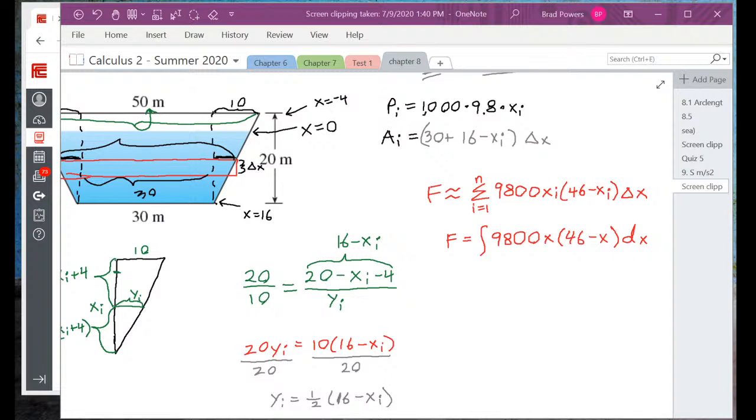You just have to remember, okay, I'm finding the pressure, which is the depth times the density times gravity. So you just need pressure times the area, and that's the trick. And once you know that, you're good to go.